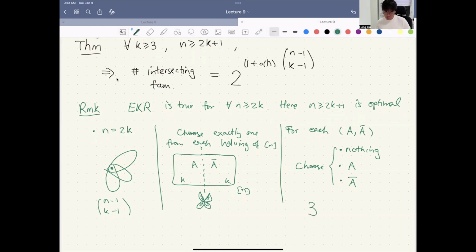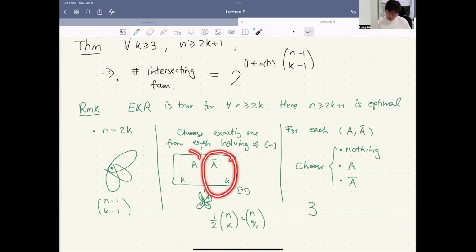Well, n choose k, which is n choose n over 2, right? But I think you need to divide it by 2, because n choose k, this k-set and this k-set, result in the same pair. So divide it by 2. Okay.